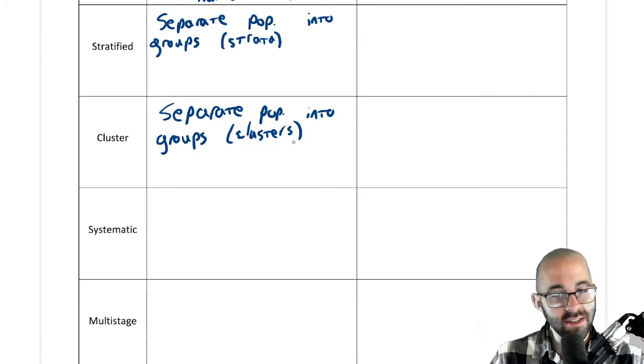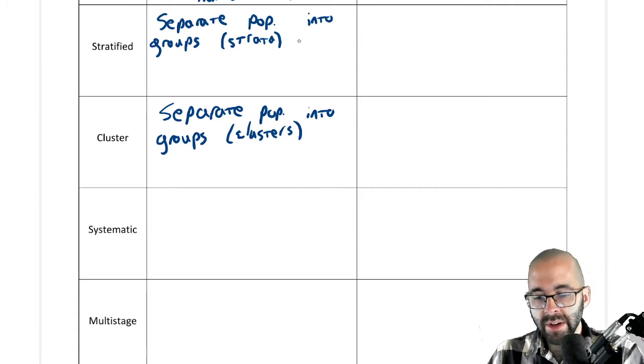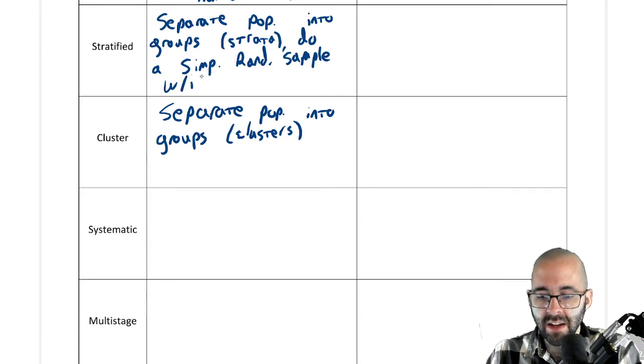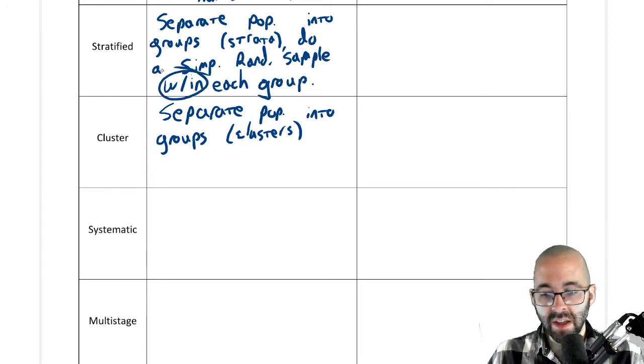So in a stratified sample, we're going to then do a simple random sample within each group. This right here is my shorthand for within.